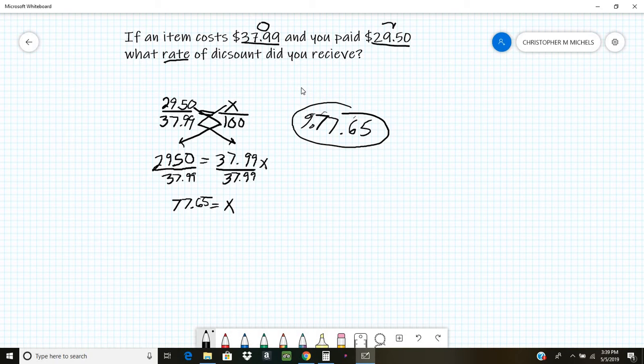So what we really just found is the percent of full price that we paid. If I want to find the discount, I take 100 and subtract 77.65 from that. I think that's a 15% discount. Let me check my math on that.